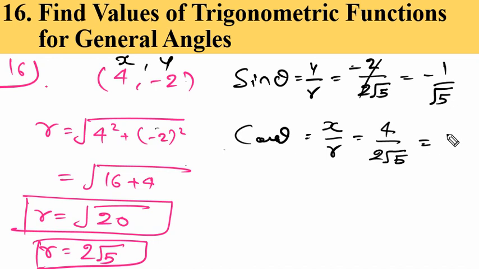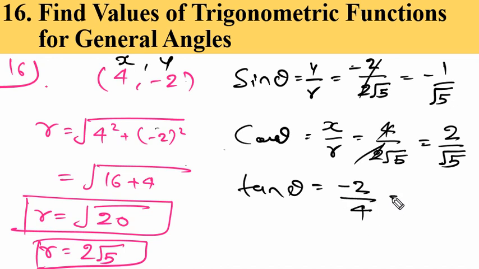Again simplify: 2 over square root 5, because 4 divided by 2 gives you 2. Now tan theta is y over x, so negative 2 over 4, and that will give you negative 1 over 2 when you simplify this.